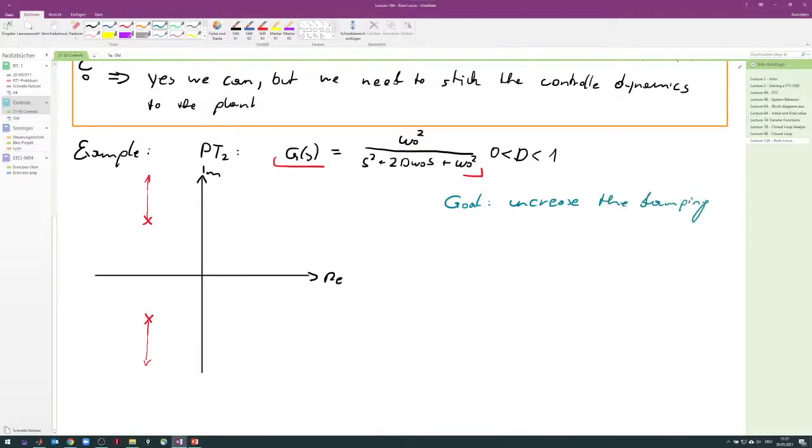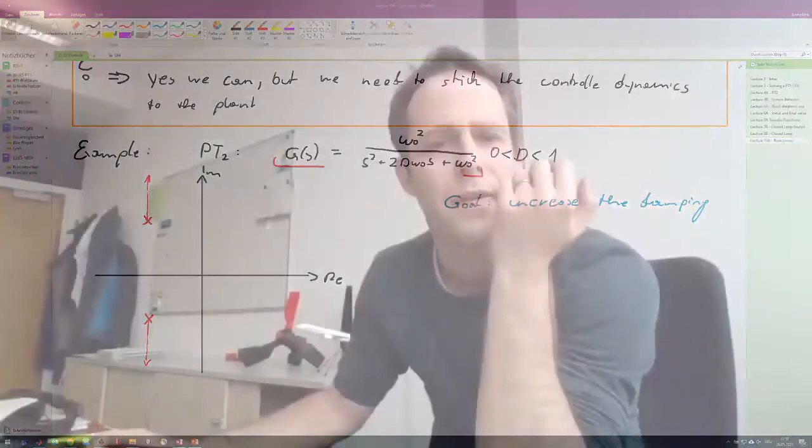So we clearly see if we just do proportional feedback, and we know that, right? We have seen it, we are actually just increasing the frequency and decreasing the damping. So with a pure proportional feedback, we are not able to increase the damping with our controller. We have seen it with the espresso machine, right? Remember, you turned up the gain and it started oscillating like hell, right?